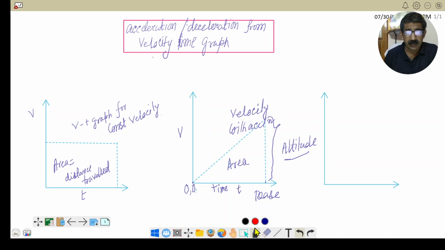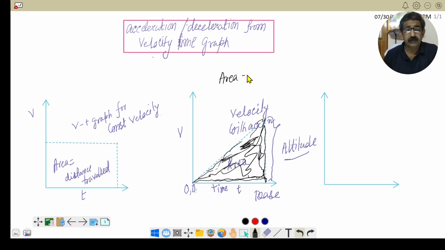The area of this shaded triangular portion is equal to half into base into altitude. The height or altitude is the same.